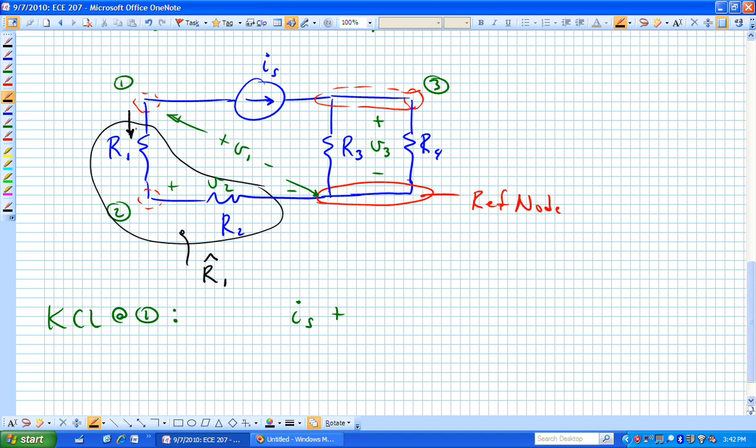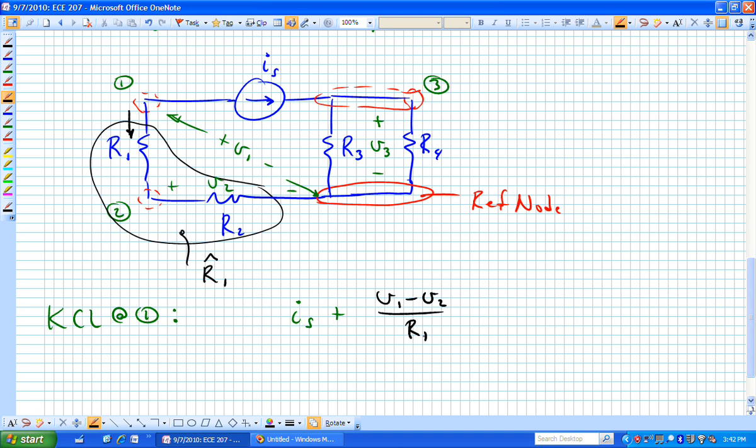This is not your standard picture for KCL, but it is V1 minus V2. If that's a positive value, that will give me a positive result. I'm now saying V1 minus V2 over R1 is the current going down from that node number 1.